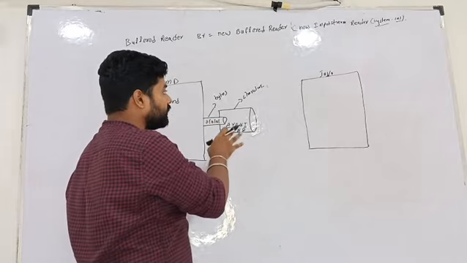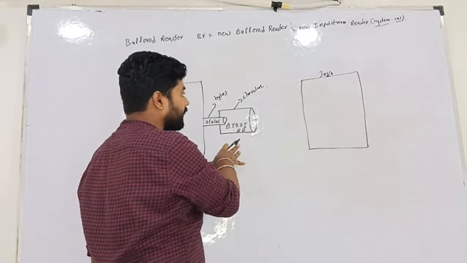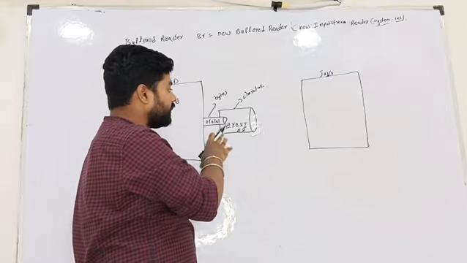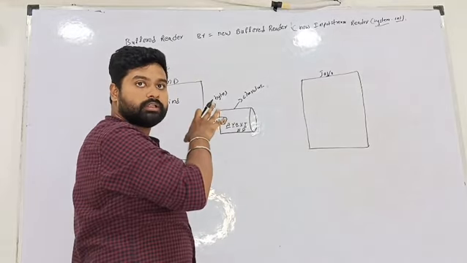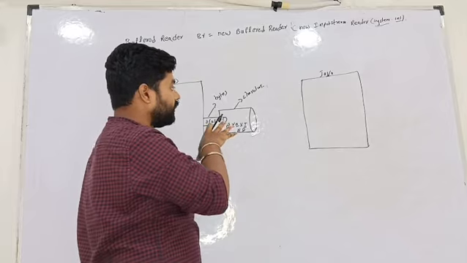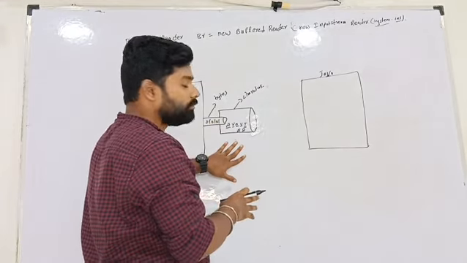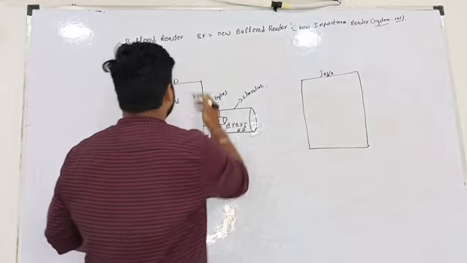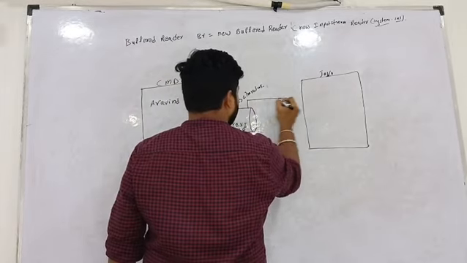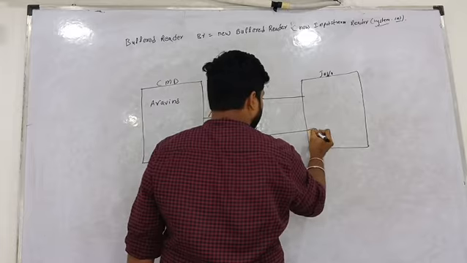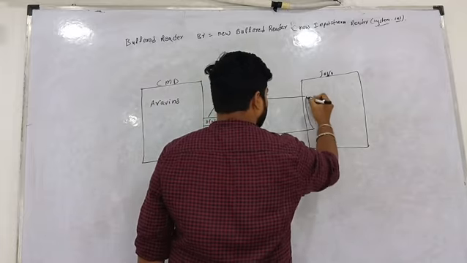When the conversion is done by using the characters, it will take a lot of time, and the application will slow down. So to overcome this, we use buffered reader to convert.